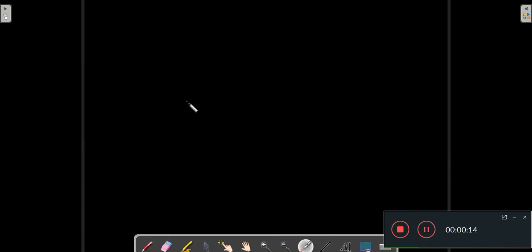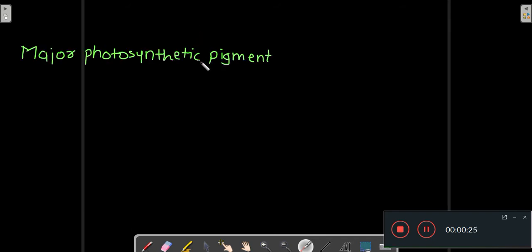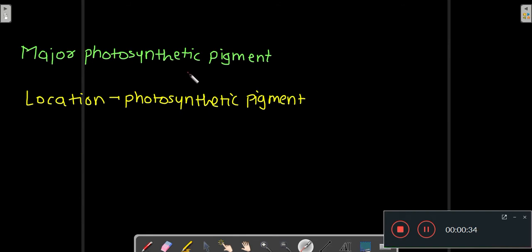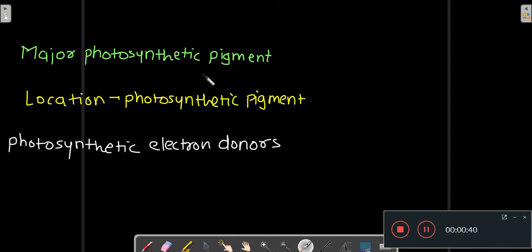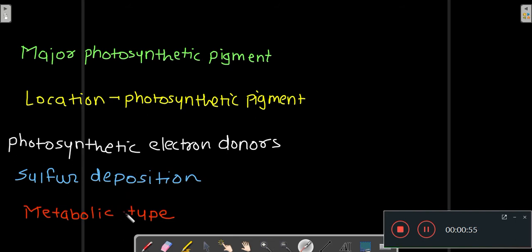The characters that we are going to look at are: the major photosynthetic pigment in that particular bacteria, then the location of that photosynthetic pigment, where that pigment is present in the bacteria, then who is acting as the photosynthetic electron donor, and then where the sulfur deposition is happening, and at last what is the metabolic type.